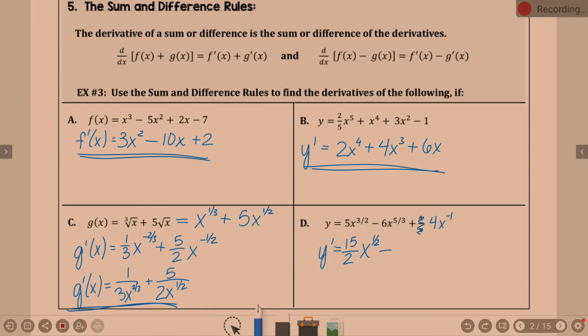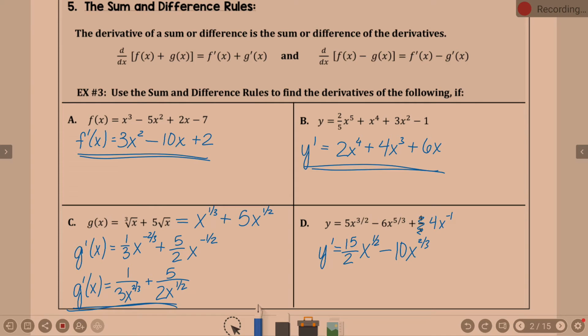Maybe I should be writing another step down here, but derivative of 6x to 5/3. So 6 times 5/3 is 30/3, which is 10. x to the 5/3 minus 3/3 is going to make it 2/3.